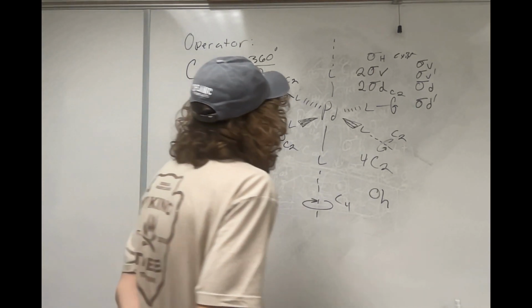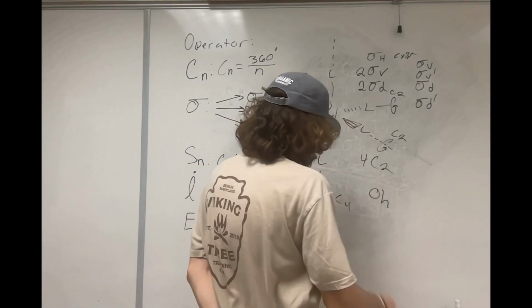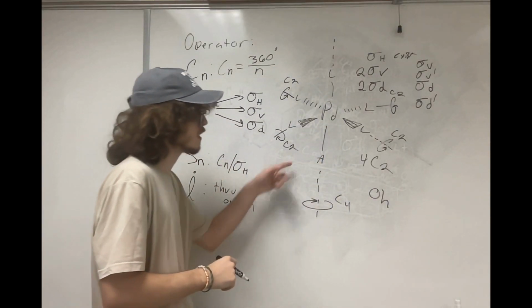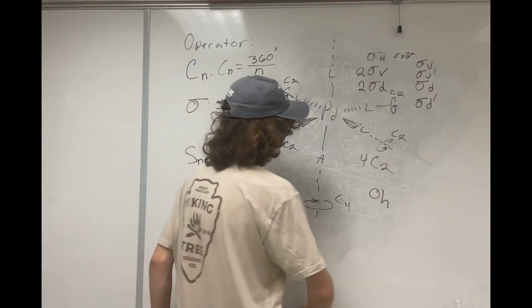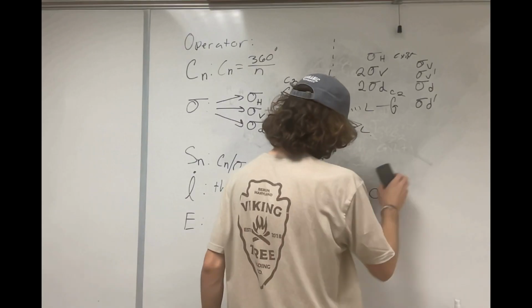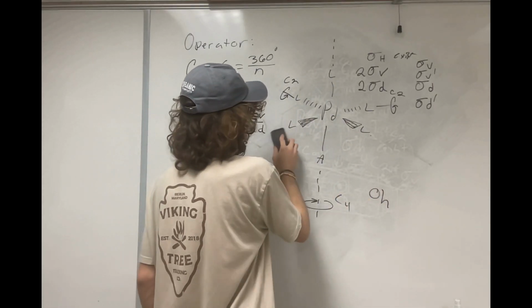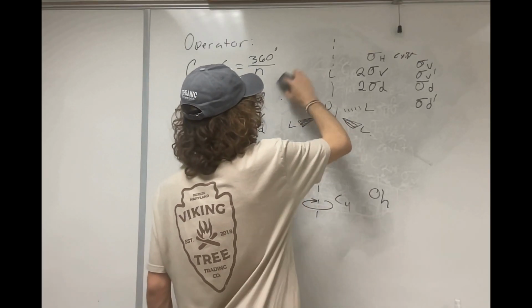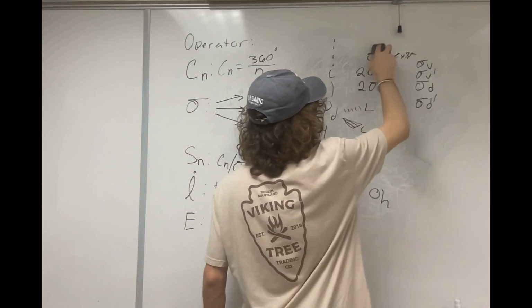Let's say, for example, we turn this ligand into A. So this is a different ligand than L. Well, then C2 goes away. This C2 goes away, this C2 goes away, this C2 goes away. Sigma h drops out.